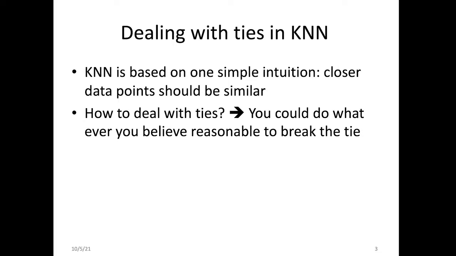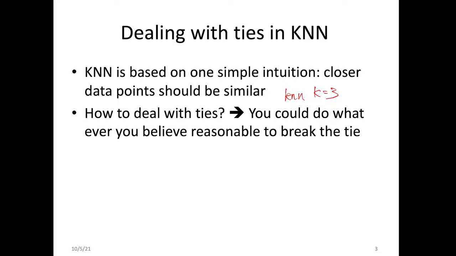Or even in a trinary classification problem, which means we have three classes, if K equals 3, it is possible that each of the three classes gets one vote. So again, you have a tie.